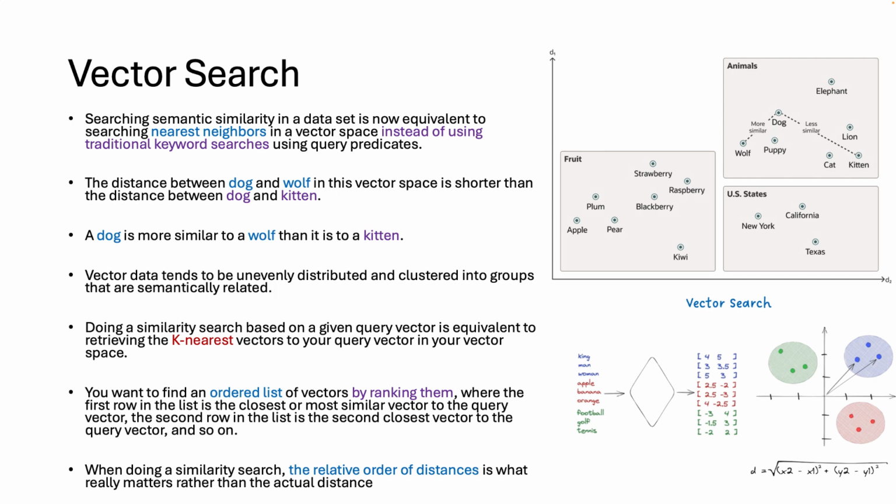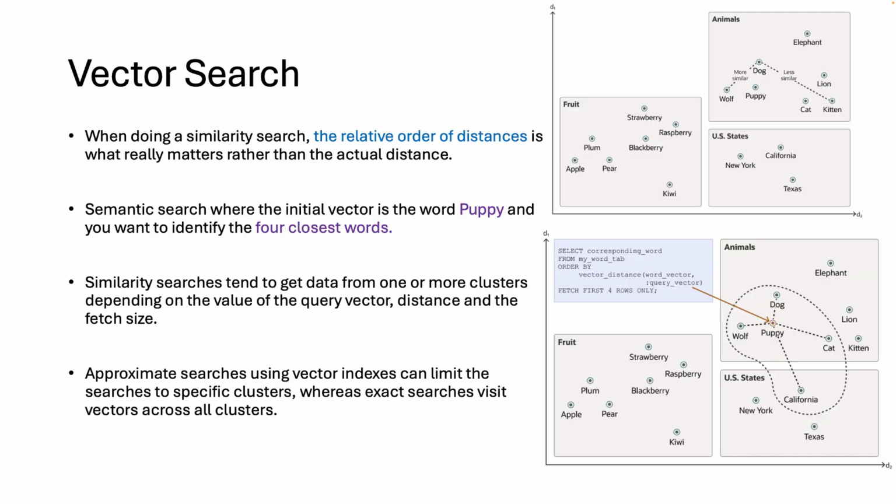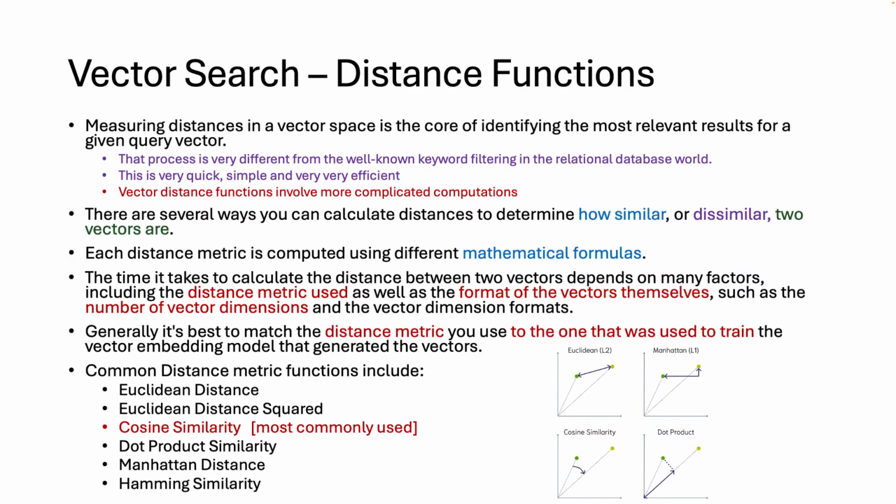The first one that comes back is the closest in meaning to what we were searching on. The second one is a little bit further away. The third one is a little bit further away. The fourth one is a little bit further away, and so on. So we get to find those relative distances across all of those.